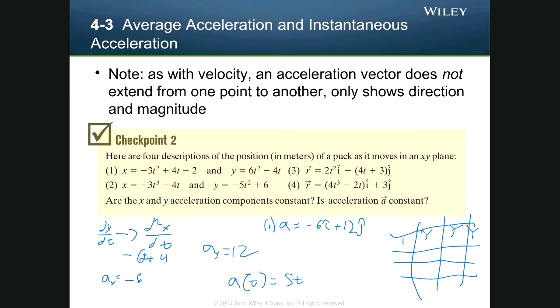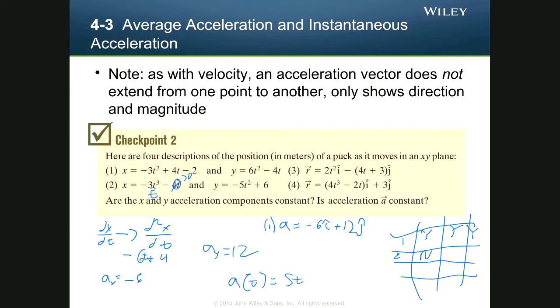So 2, you'll notice, has a third-degree polynomial. If you take the second derivative, you're still going to have a function of t here. So for 2, the x component is definitely a no. All right? And again, with enough calculus, you can see that if you take 2 derivatives, this term disappears, and this one is a function of t, right?